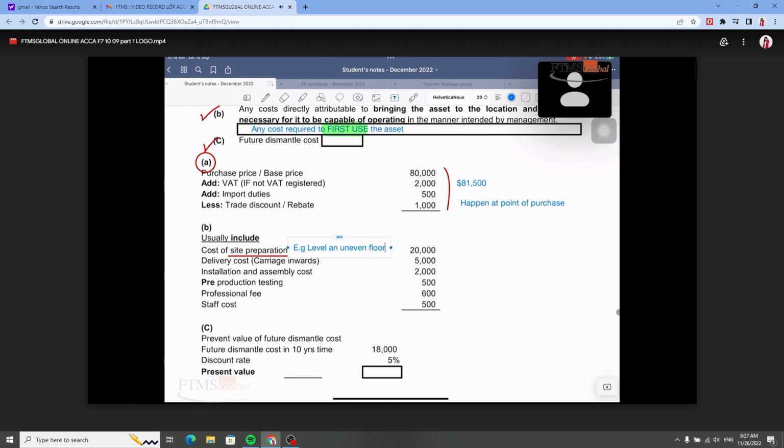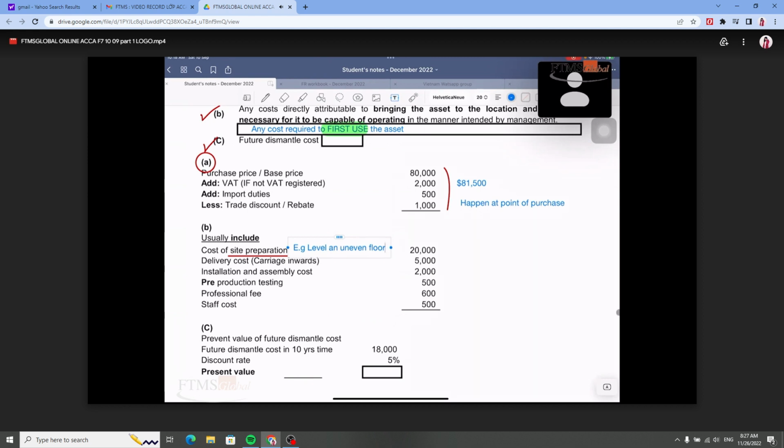Okay, so that's called cost of site preparation. Cost of site preparation, as I say, is very general. So one example of cost of site preparation is level and uneven floor. Obviously you will incur this cost before first use of the asset, right? You will incur this cost before you first use the asset.